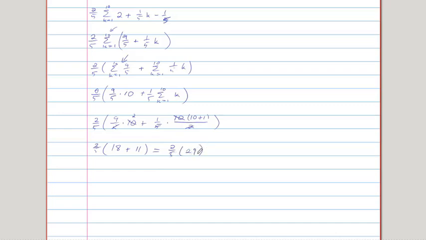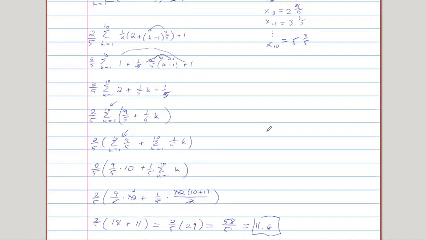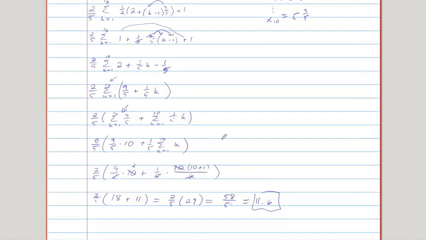Doesn't look like anything cancels with the 5 here, so we are stuck saying that this is going to be 58 over 5, which is, what, 17.4? No, that's not right. I think that's 11 point something. Yeah, of course, 55 is 11 and 3/5, so this must be 11.6.